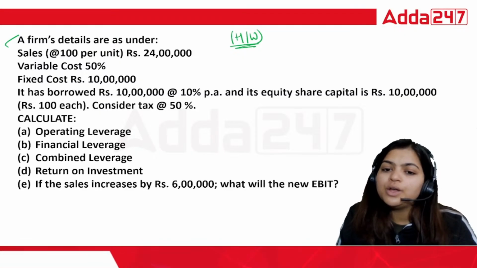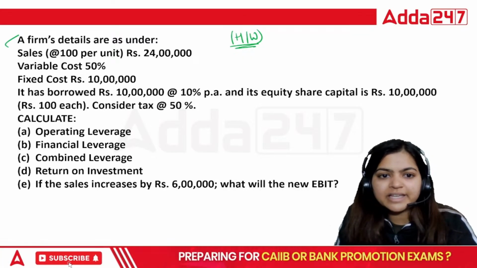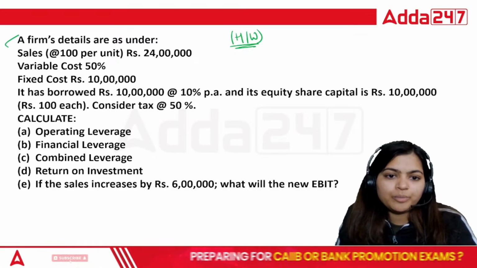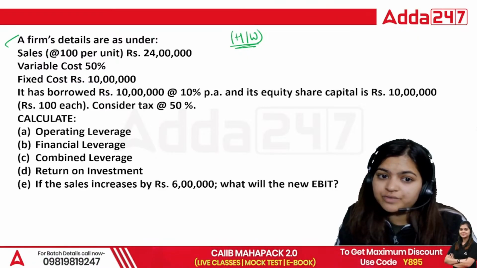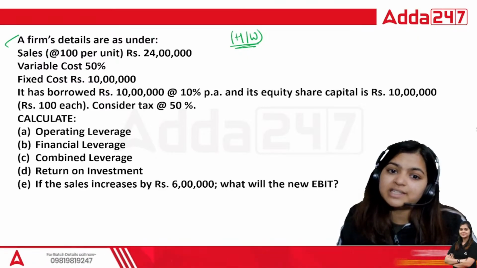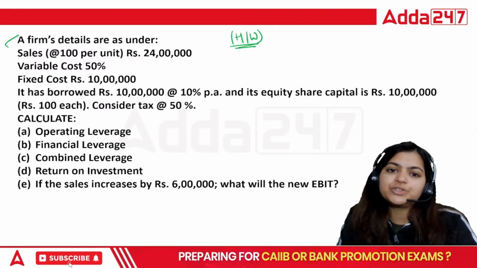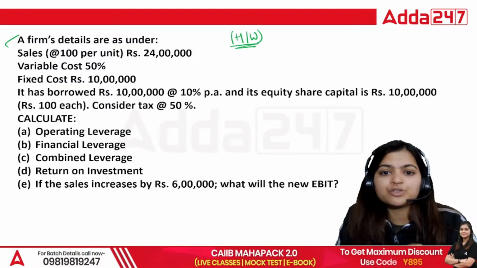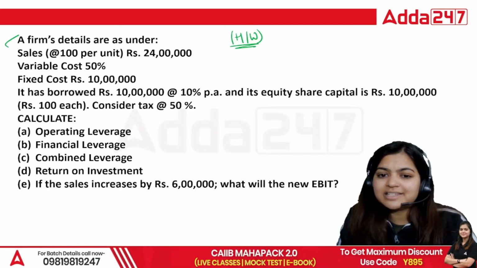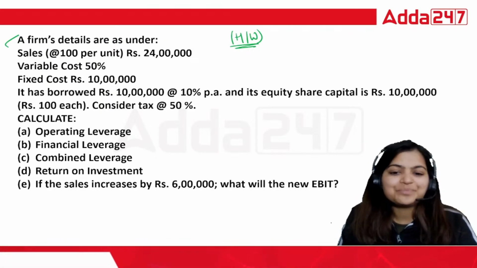Please try to calculate operating, financial, combined return on investment, and if the sales increase by 6 lakhs, what will be the new EBIT? This type of question you can see in your exam. So please everyone try to solve it, and let's see how many of you can get this answer.